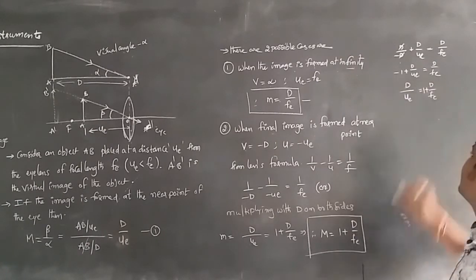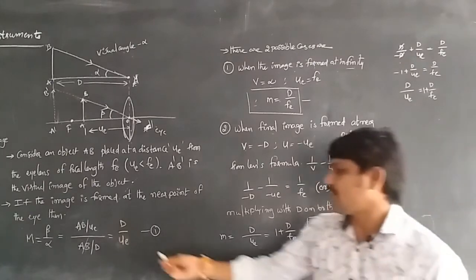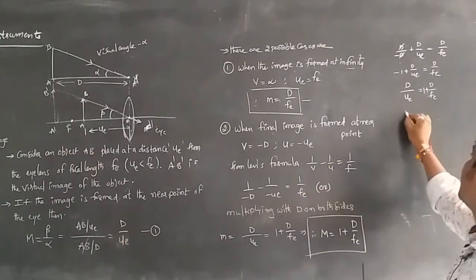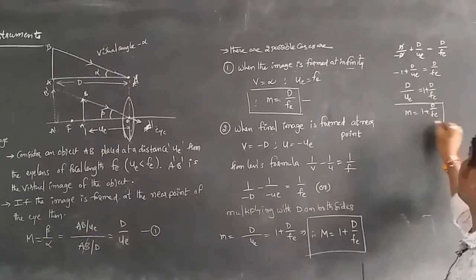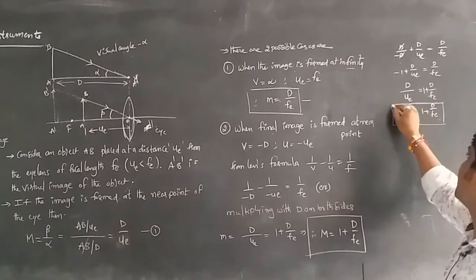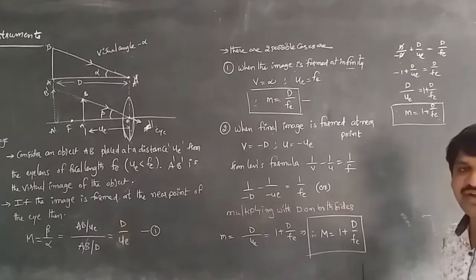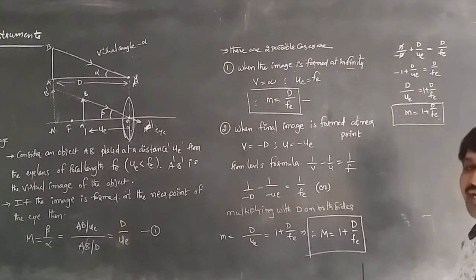By taking minus 1 to the other side, D by UE is equal to 1 plus D by FE. We know M is equal to D by UE, so M is equal to 1 plus D by FE. This is the equation when the final image is formed at the near point.